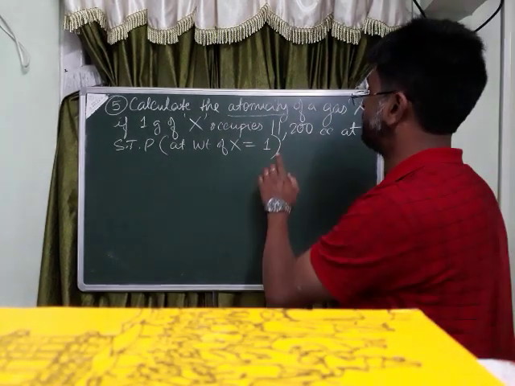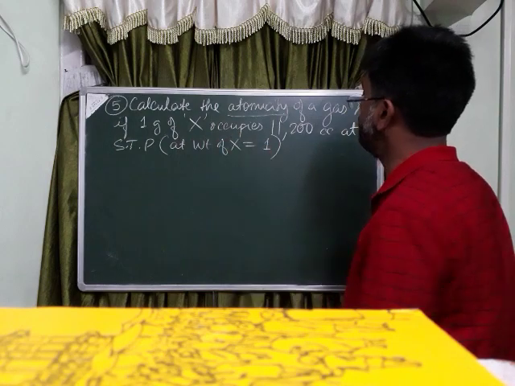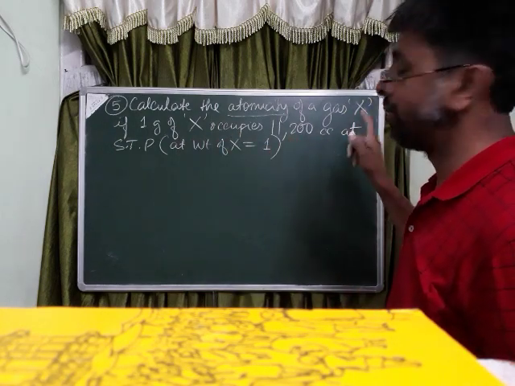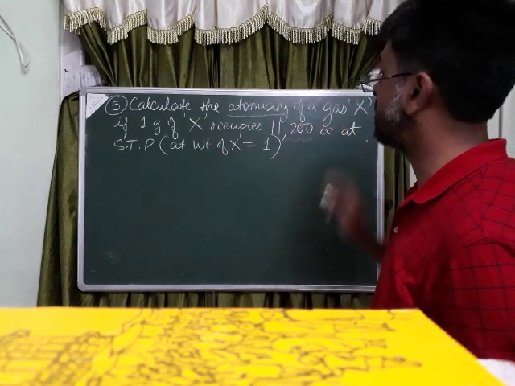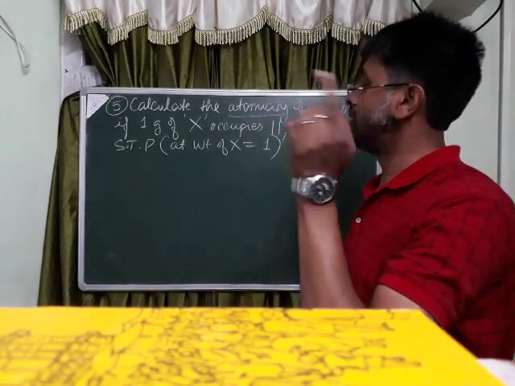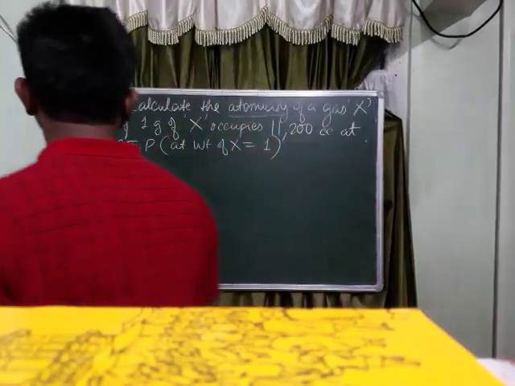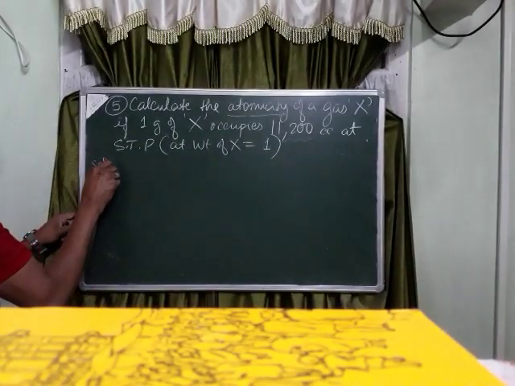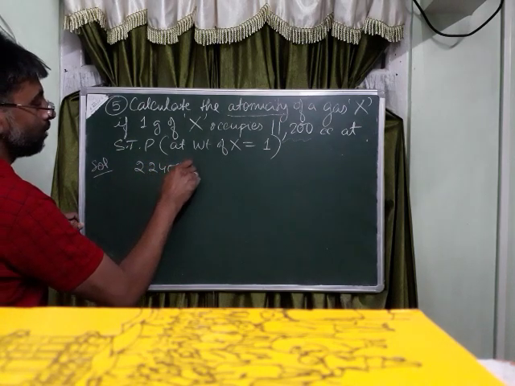Now see, this 1 gram of the gas X is occupying what volume? 11,200 centimeter cube. Again, whenever you see such figures, volumes at STP, then bring back the standard molar volume to your mind. The standard molar volume for any gas, we know it is 22,400 centimeter cube.